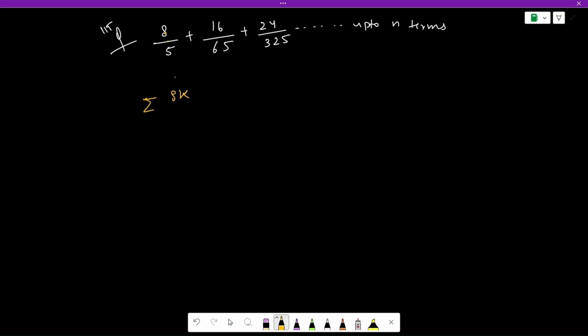Now let's see how k is related to the denominator. Here you can see these are all odd numbers, but if you remove 1, this is 4 plus 1, this is 64 plus 1, this is 324 plus 1. Now all of these are multiples of 4. So this is 4 into 1 plus 1, 4 into 16 plus 1, 4 into 81 plus 1.